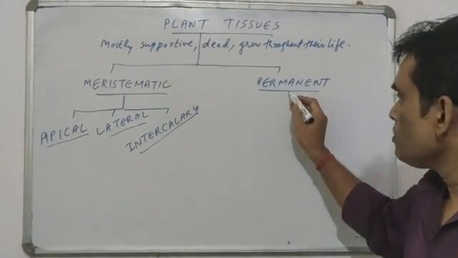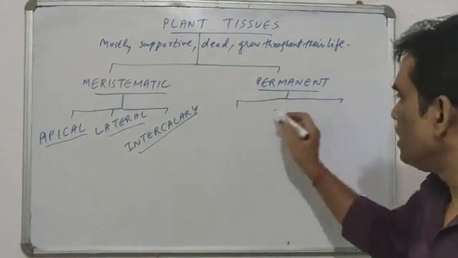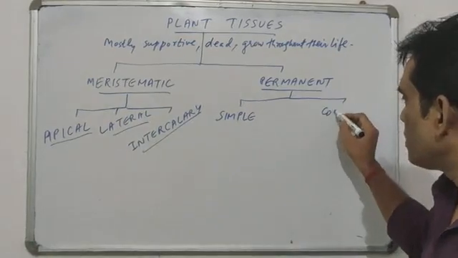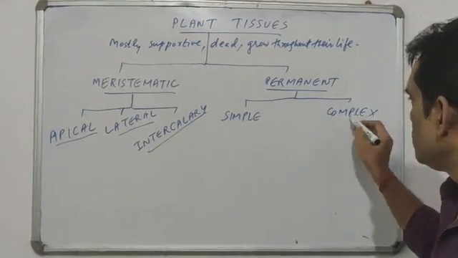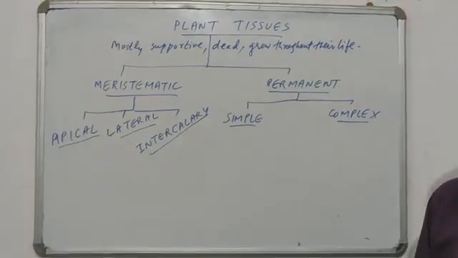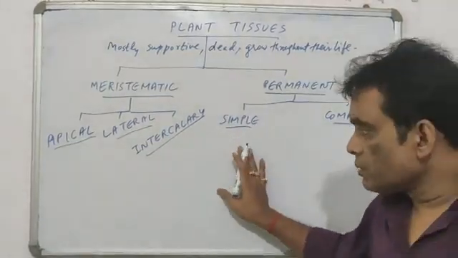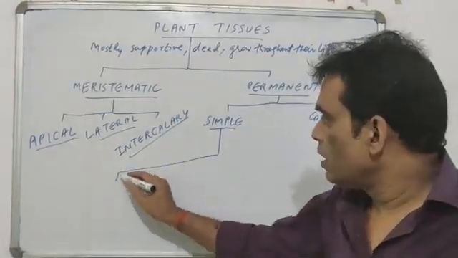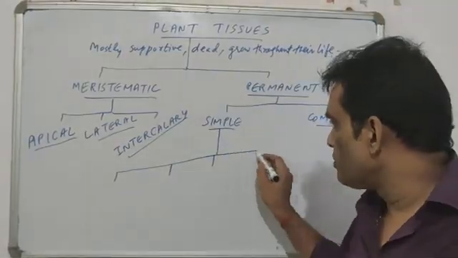The permanent tissues are classified into 2 main types, the simple and complex. The simple permanent tissue and the complex permanent tissue. We have to discuss each of the branches. The simple permanent tissues are mainly 4 types.